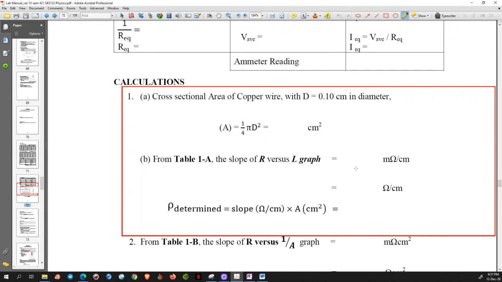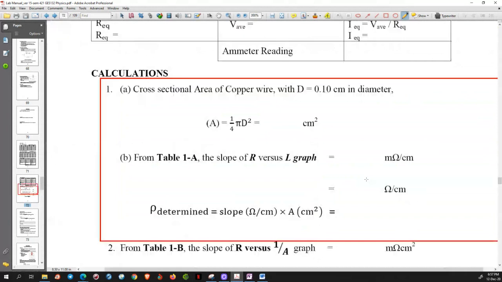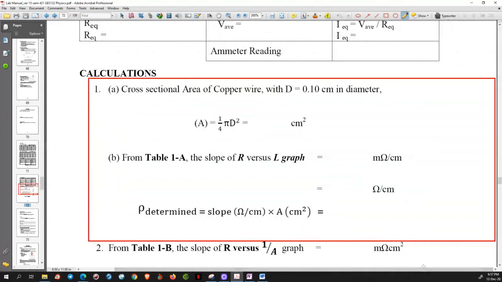How do you know when you have to make a graph? It says here, find the slope from the graph. But what is the graph going to look like? I want to show you the technique. If you are given the statement, find the slope of R versus L in this graph, the first value, R, is always the y-axis.